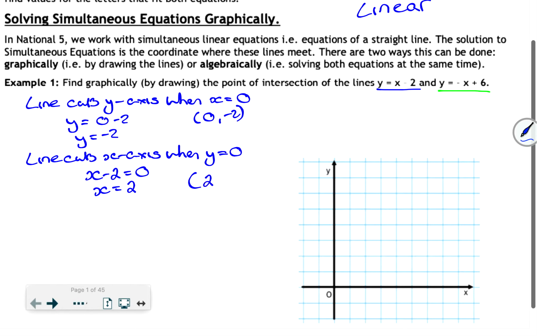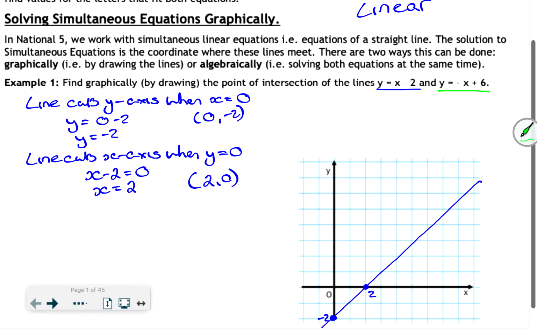So that gives us (2, 0). So that means the blue line is going to cut through the point (0, -2), and it's going to cut through the point (2, 0). And we can then join those up, and that will just give us a nice straight line. Hopefully if I can do it right.